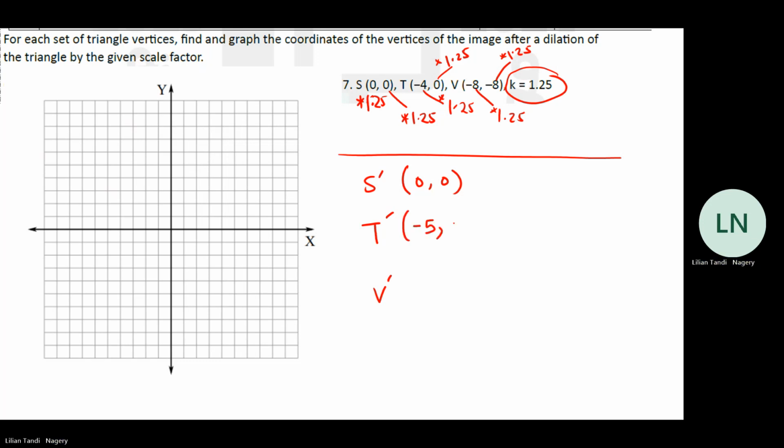Okay, and 0 times that will be 0. Then -8 times 1.25. Yes, that should be 10. So this is -10, -10. Then you plot this over here.